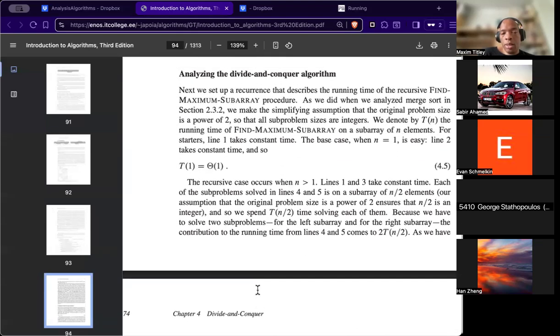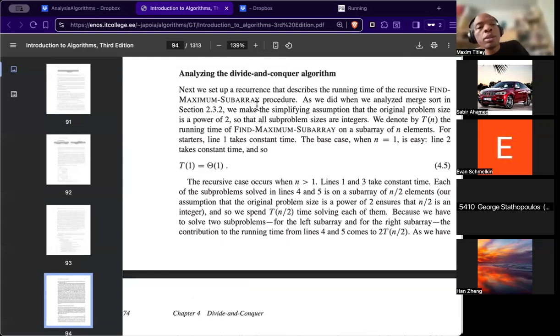And now you want to analyze the divide and conquer. So here's what we have. We set up a recurrence that describes the running time of the recursive FIND-MAXIMUM-SUBARRAY procedure, as we did when we analyzed merge sort in section 2.3.2. We make the simplifying assumption that the original problem size is a power of 2, so that all subproblem sizes are integers.